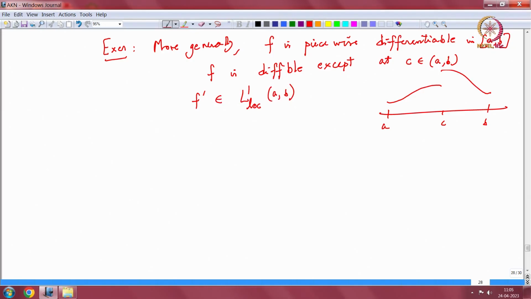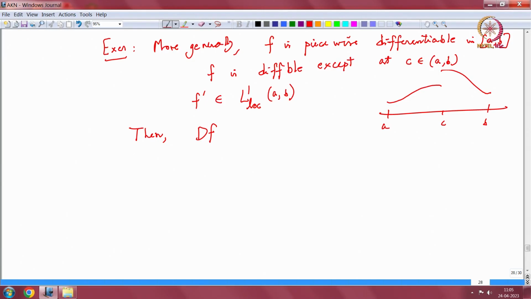Okay. So, in that case I want to compute my Df. That means f prime classically exists, because f is differentiable in both (A, C) and (C, B). So, you can define f prime classically in (A, C) and (C, B), but not at C. This is exactly like your Heaviside function.